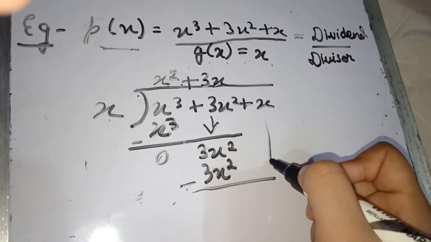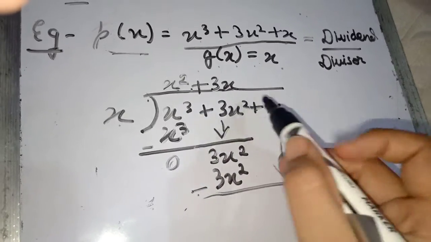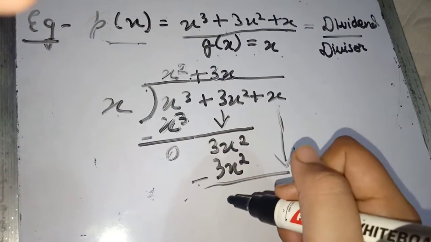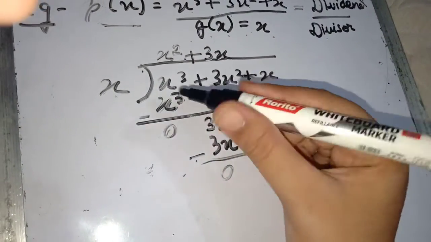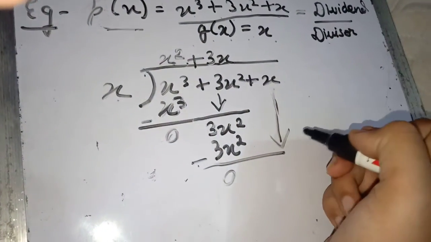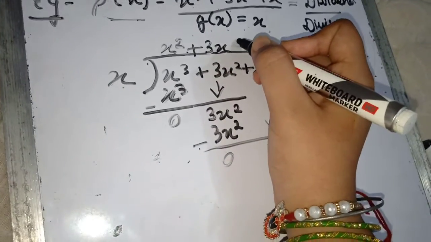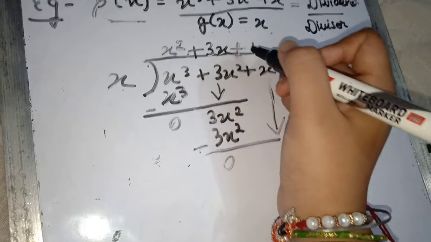Now this x will come down. Now it will be 0, and this is the x. So how will we do x divided by x? So we will take here plus 1.